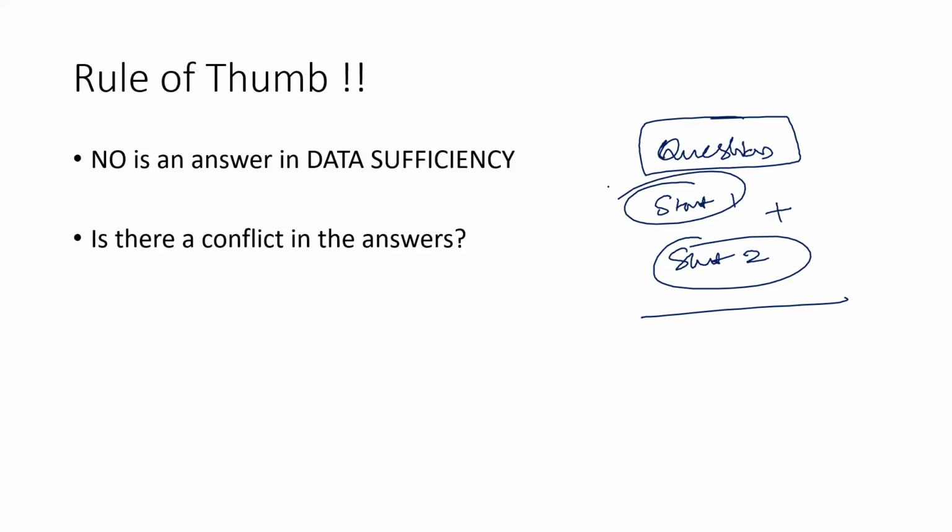Which means I will say that in that case, data is insufficient. That is the ultimate scenario that can happen. Individual statements alone are not giving you a result, and combining the inputs from statement 1 and statement 2 together is also not giving you a result. Then you will say that data is insufficient.